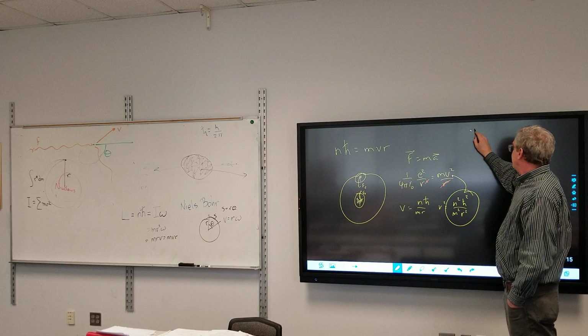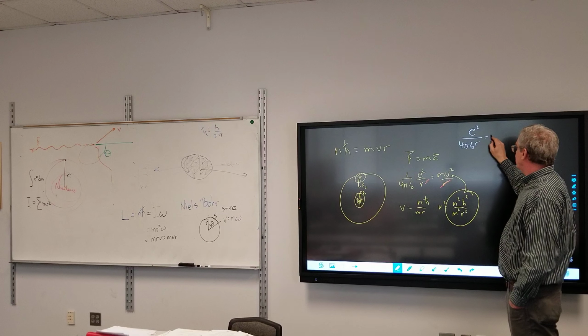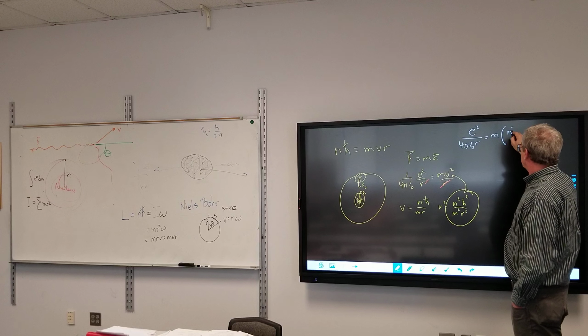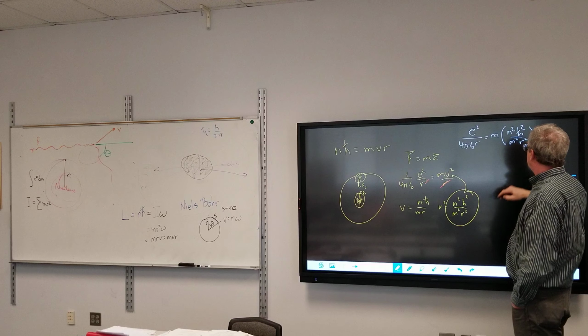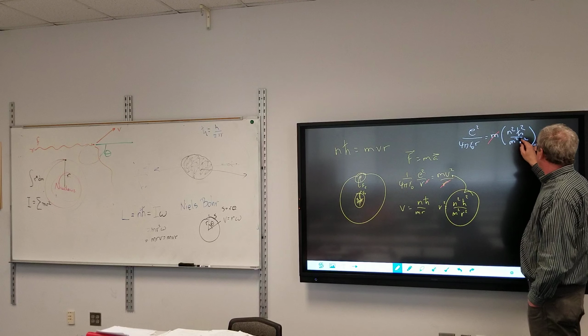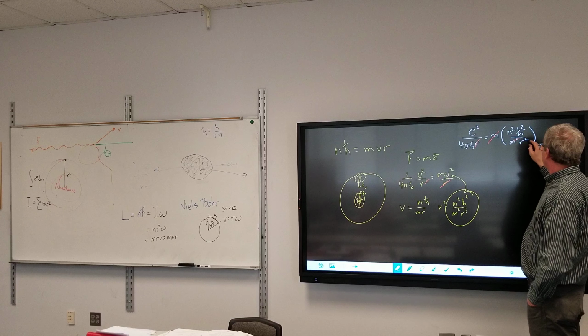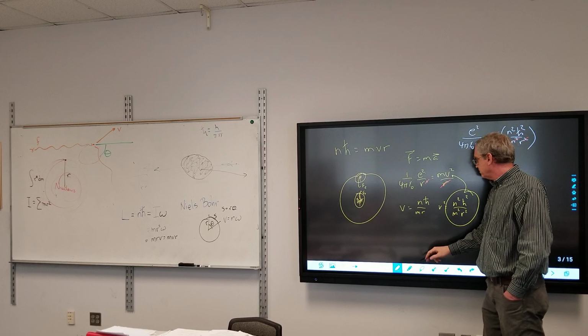So I have e squared over 4 pi epsilon naught r equals m times n squared h bar squared over m squared r squared. That m cancels out with that, that r cancels out with one of those, and I am left with, that's all I can cancel out.